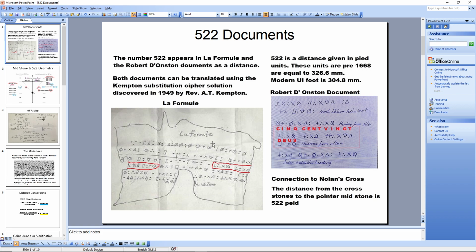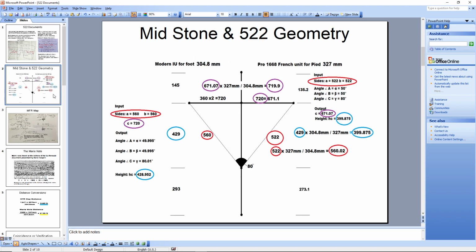So we know that 522 is mentioned in both these documents, and it's a very obscure dimension. I've done a video on this before, which is the one I did previous, but here is a slide showing you what I did.